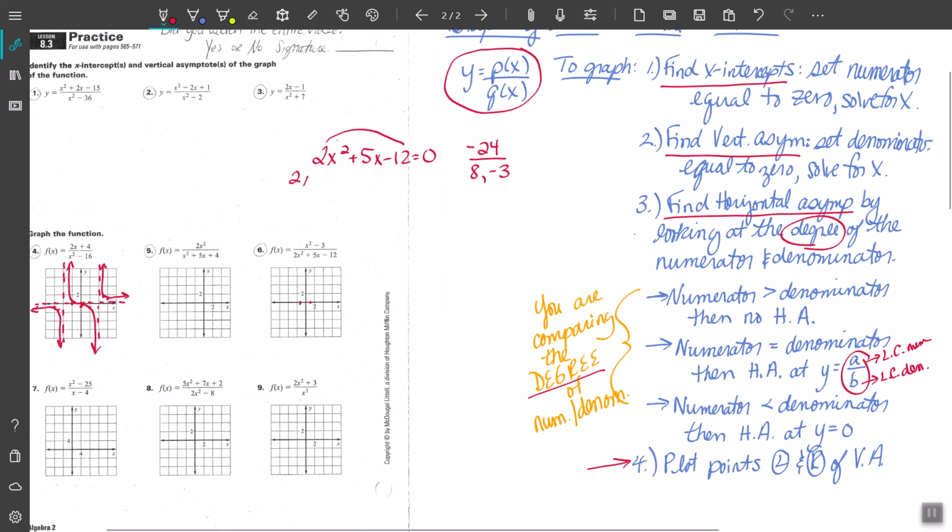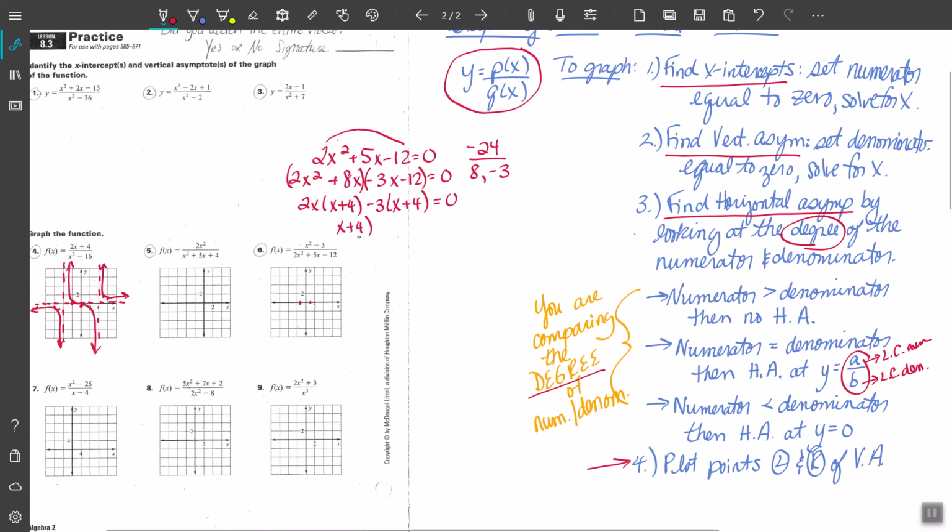Then I'm going to rewrite that 5x as a sum of 8x and negative 3x. And then just keep my first and last terms the same. This is when I group these two and these two together, and then factor out the GCF of each. And our binomials match, so that's a good sign.